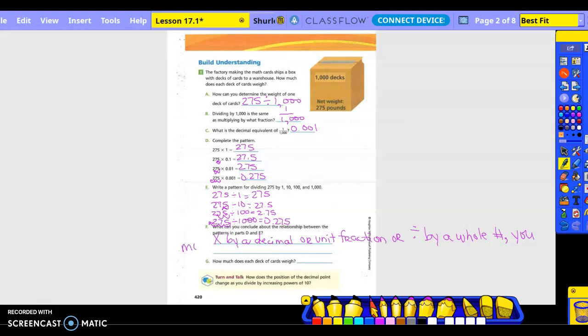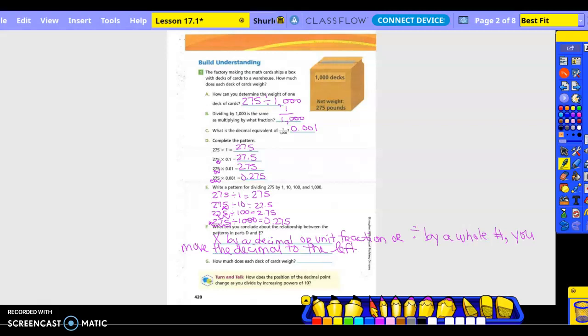You move the decimal to the, which way? To the left. We moved our decimal to the left.